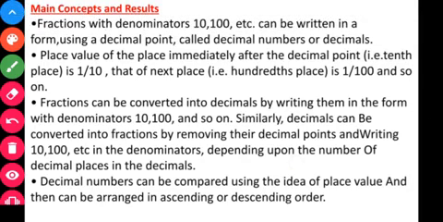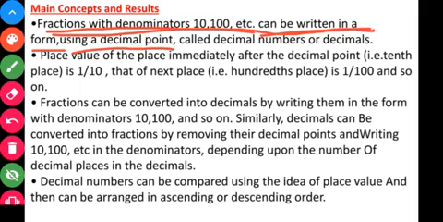So this is the main concept and results of this chapter. Look here. A fraction with denominator 10, 100, etc. can be written in a form using a decimal point, and it is called a decimal number or decimals.